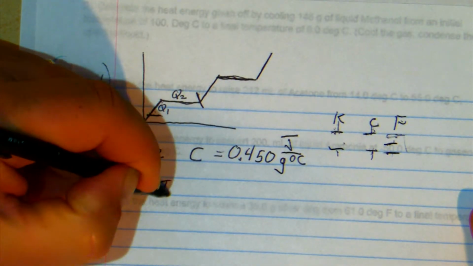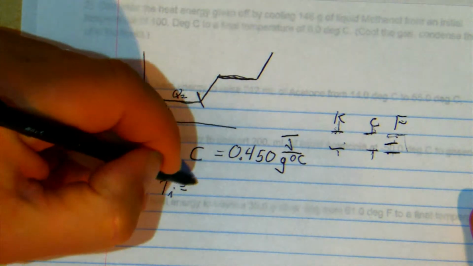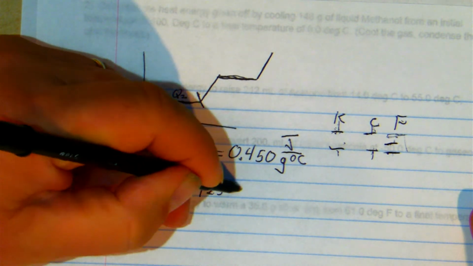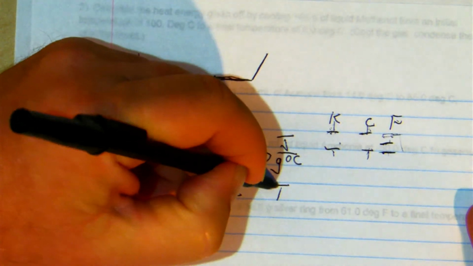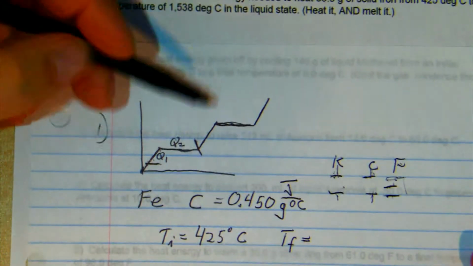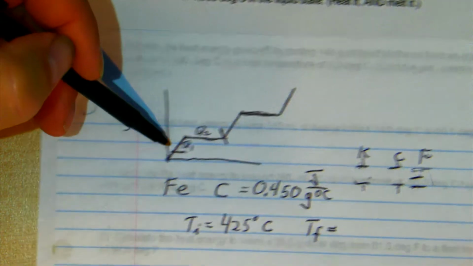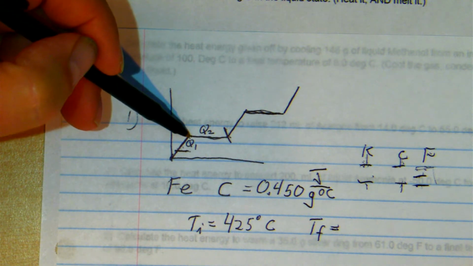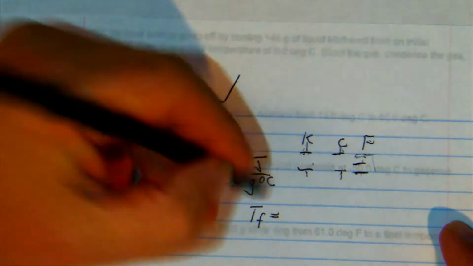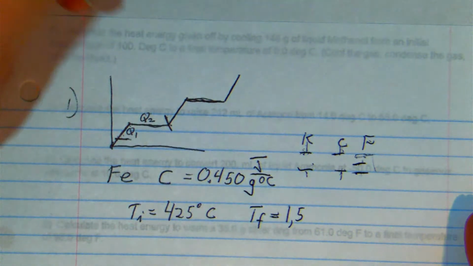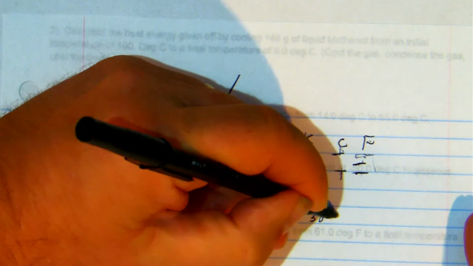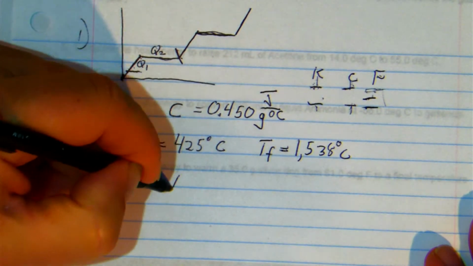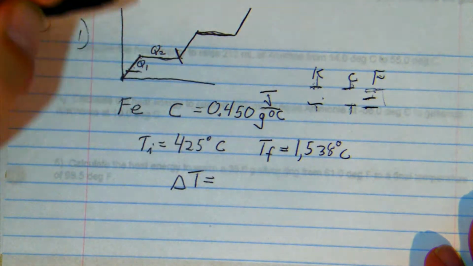The initial temperature was listed as 425 degrees Celsius. The final temperature after it melts, well, that's the same temperature at which it begins to melt, and that is 1,538 degrees Celsius. I need the change in temperature.